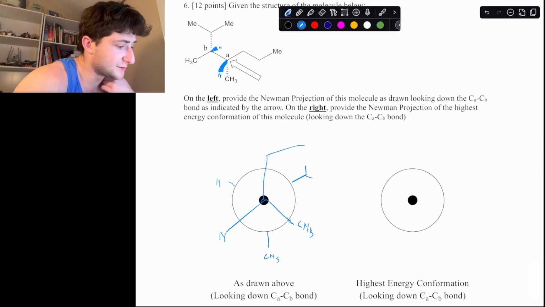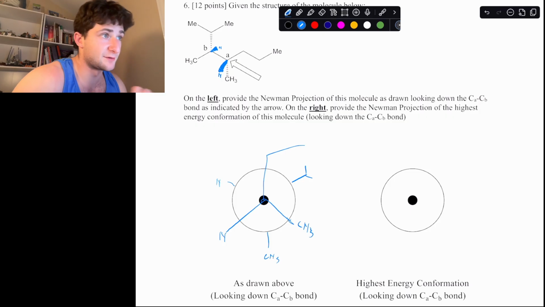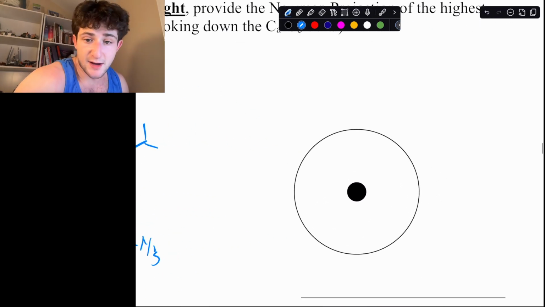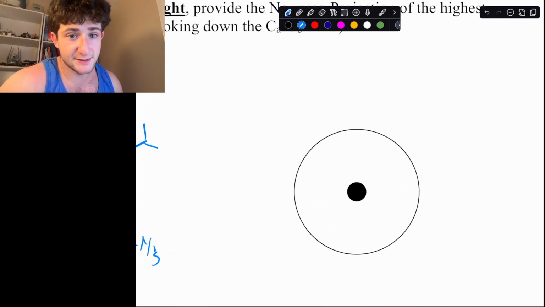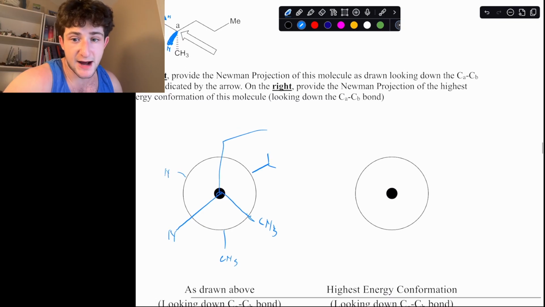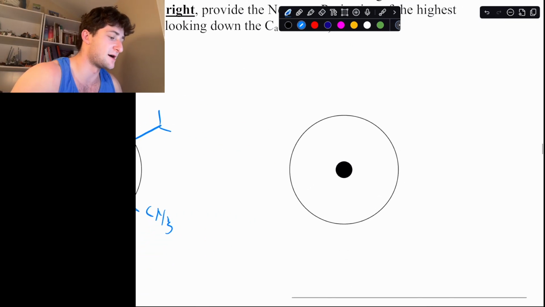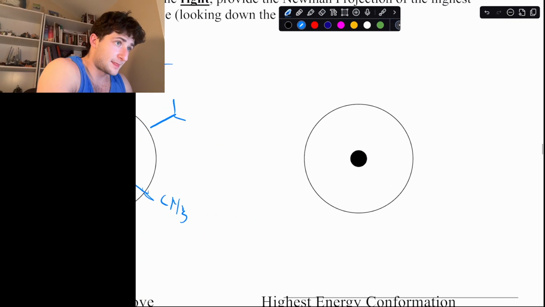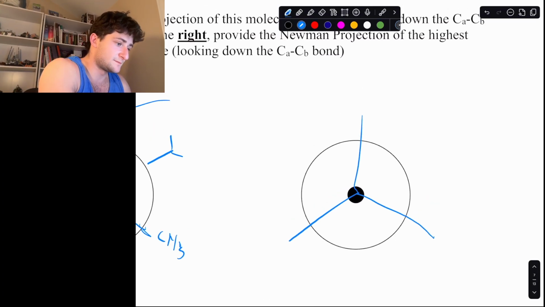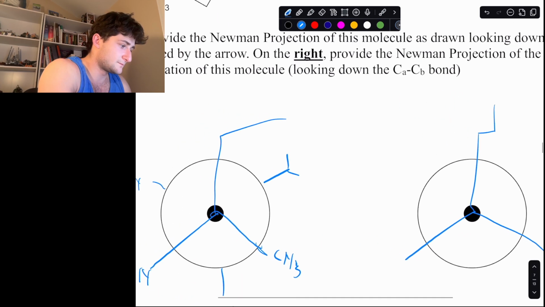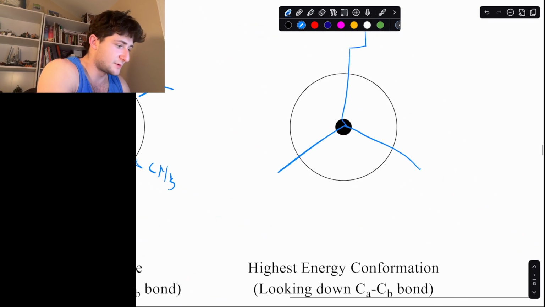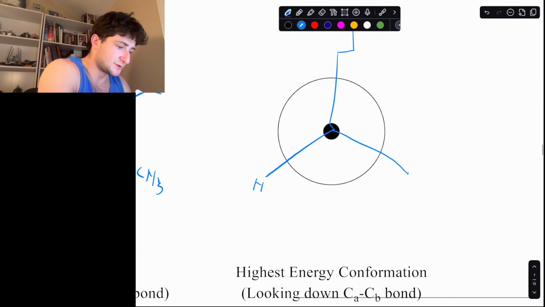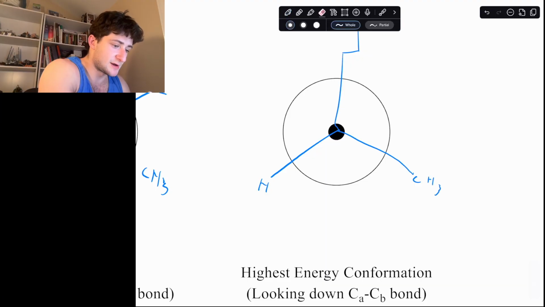So on the right, you want the highest energy conformation. And if you guys don't remember, when they're eclipsed, it's always higher energy than when they're staggered. So I'm just going to draw the same one in the front. Kind of messed that up, whatever. Hydrogen, CH3.